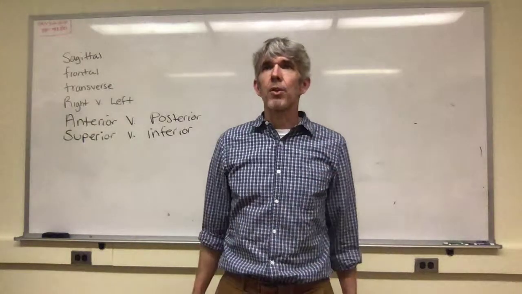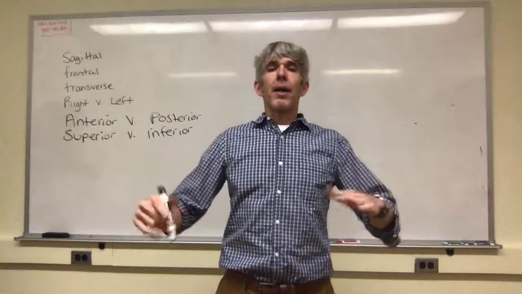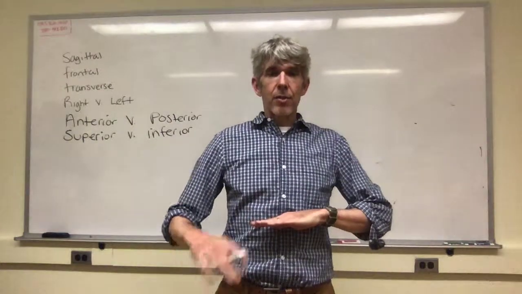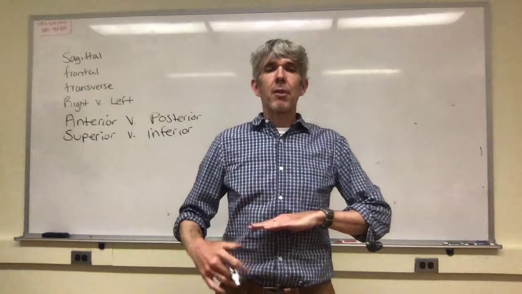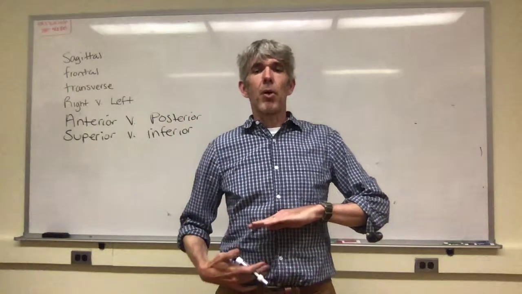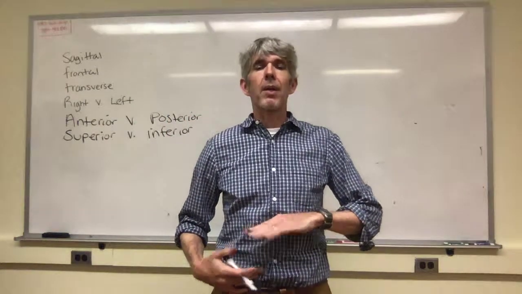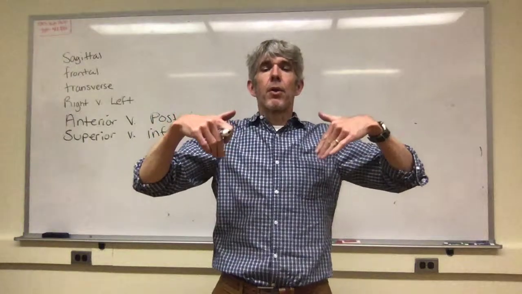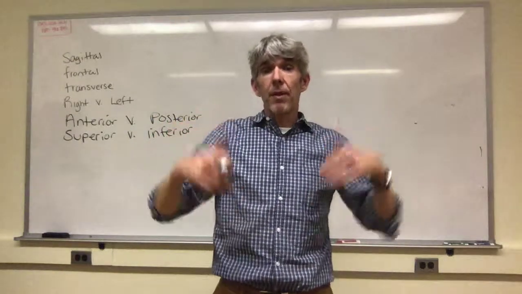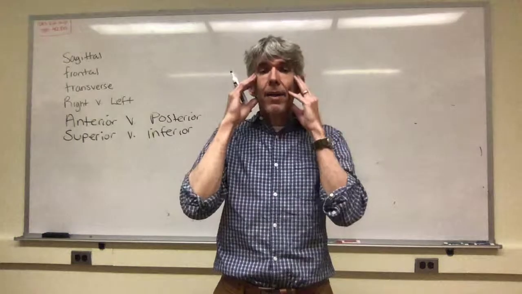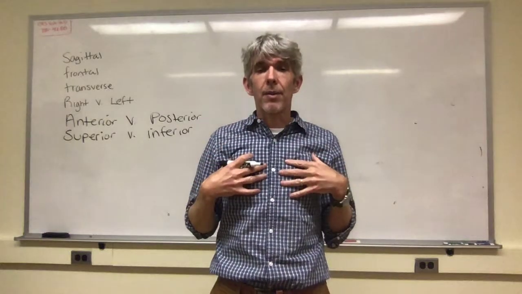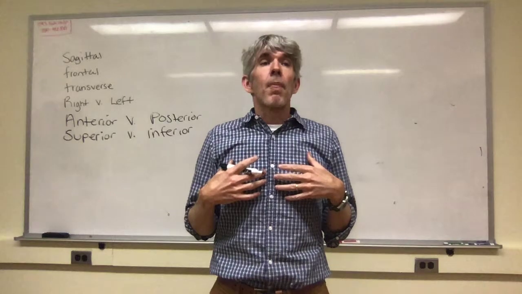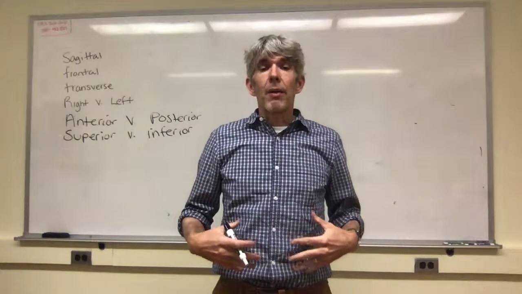But let's talk about what superior and inferior is. If we make a transverse section, anything above that section is going to be superior to everything below that section. All right, superior is toward the head, inferior is toward the tail or toward the feet. All right, so my head is superior to my thorax. My thorax is superior to my abdomen.